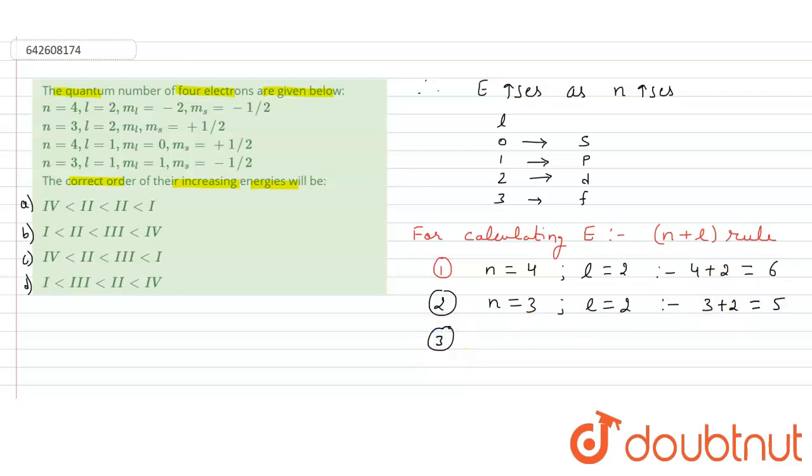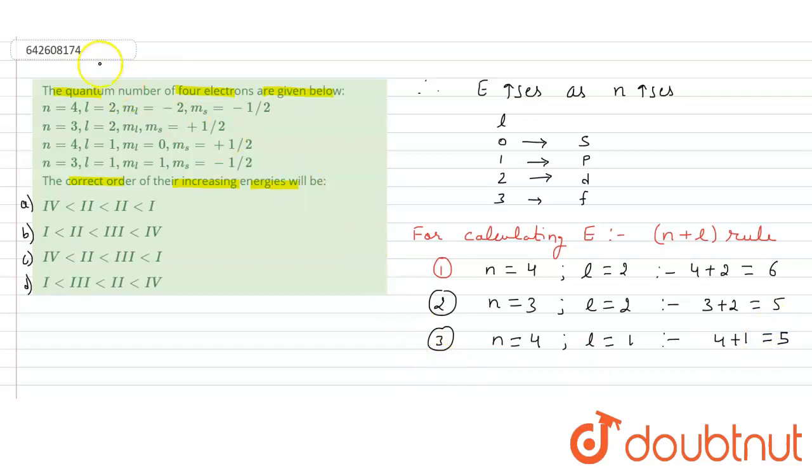For the third, the value of n is equal to 4 and the value of L is equal to 1. For this, the energy is 4 plus 1, which comes out to be 5.